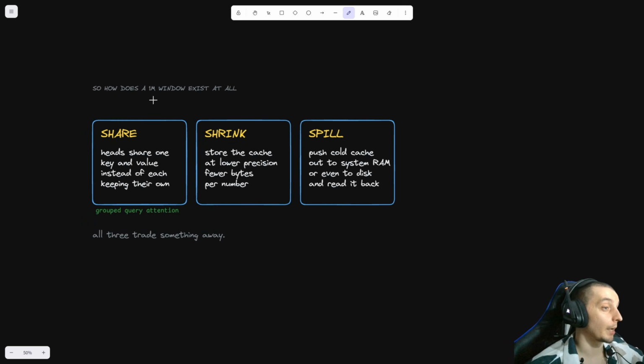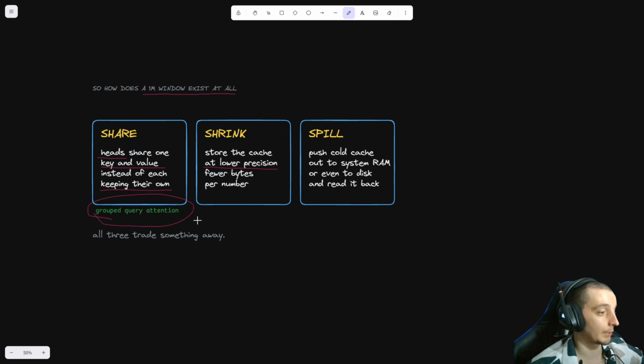So it's natural to ask, how come a 1 million token window exists at all? Well, there are three common techniques, tricks you may call them, which are used to achieve this. The first one is called grouped query attention, and its idea is to group some heads around the same key and value pairs instead of each keeping their own. The second approach is to store the numbers in the key and value vectors at lower precision.